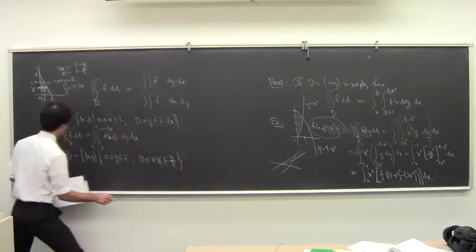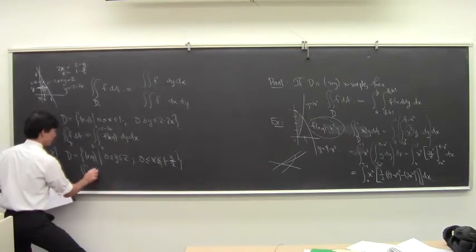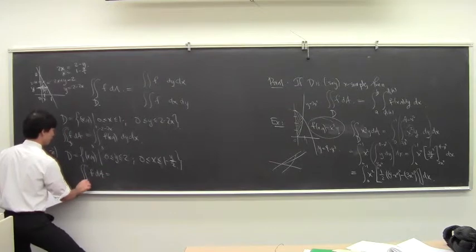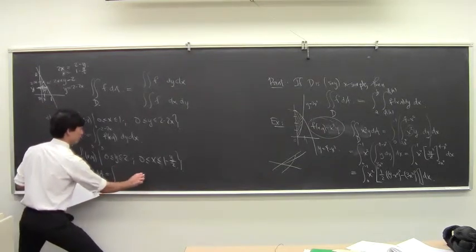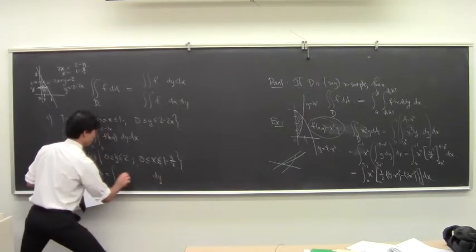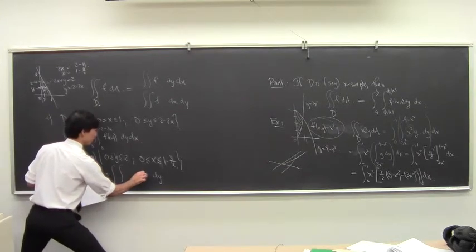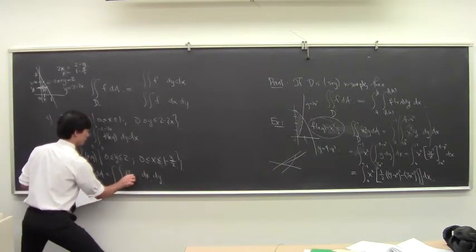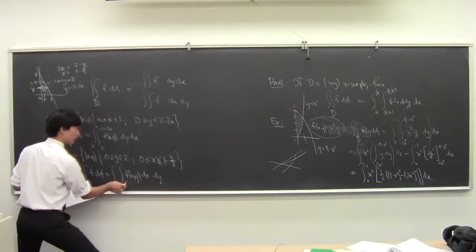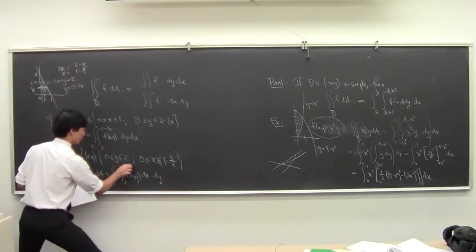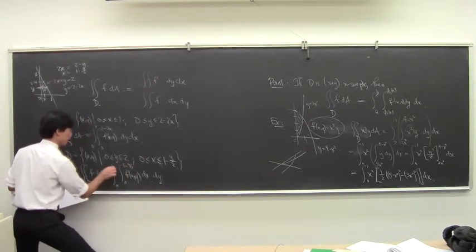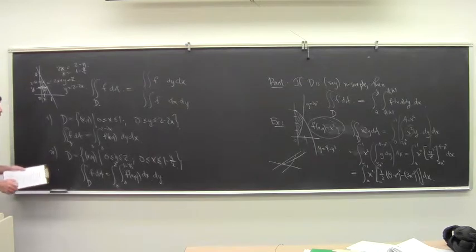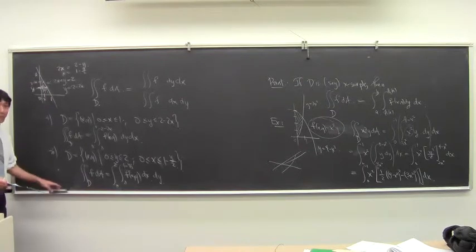And so we could just as well have calculated the integral by integrating over x first: x from 0 to 1 minus y over 2, and then y from 0 to 2. Okay, it's not that exciting.